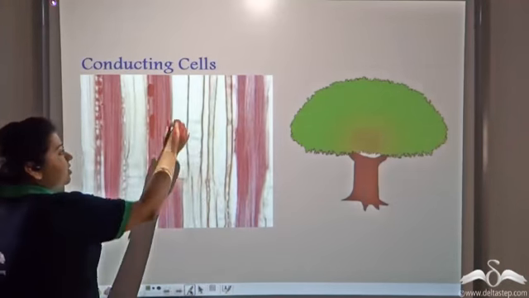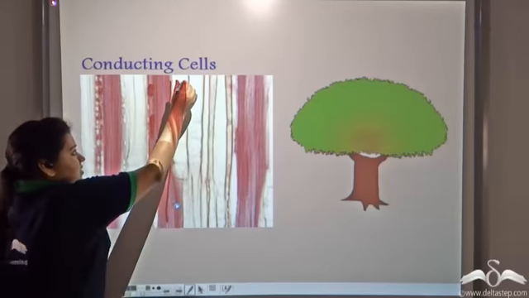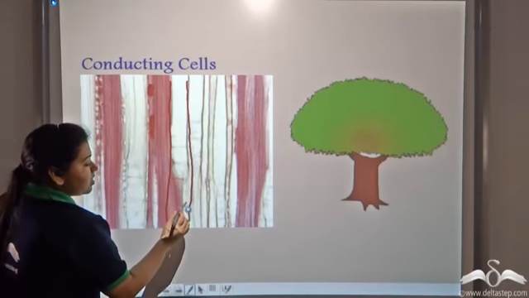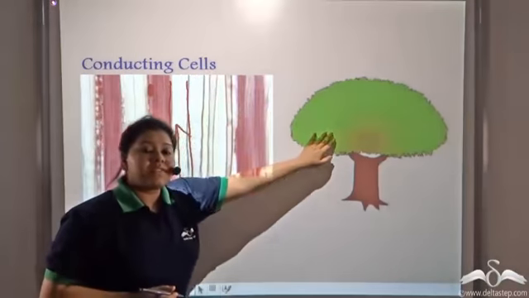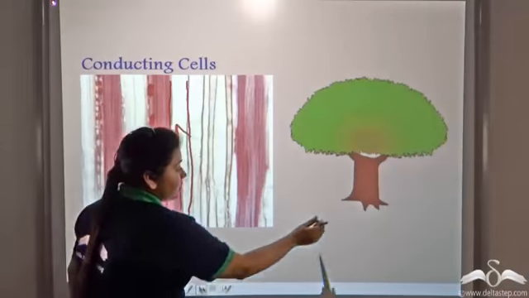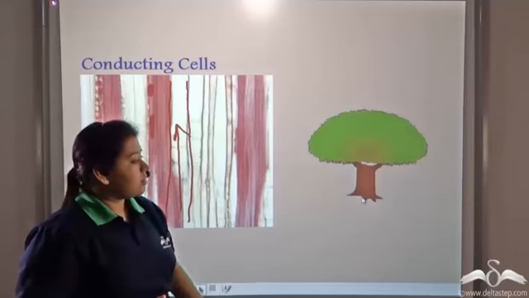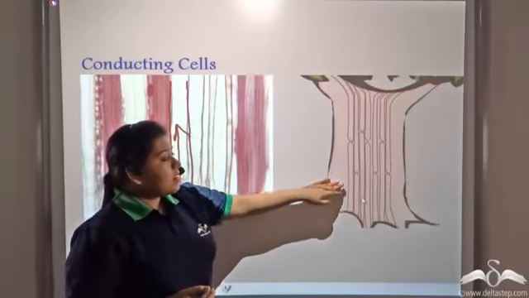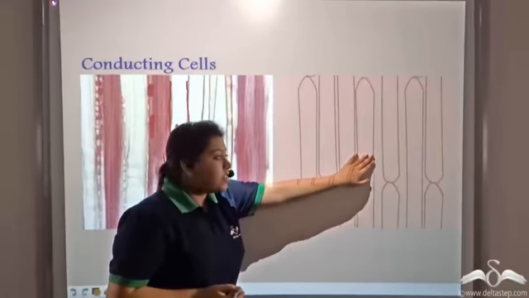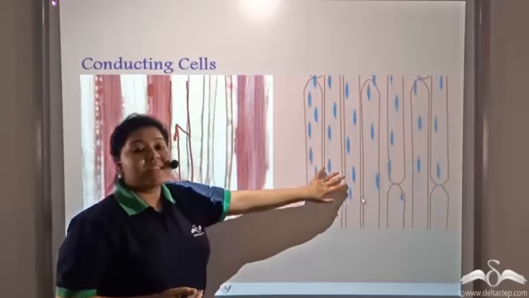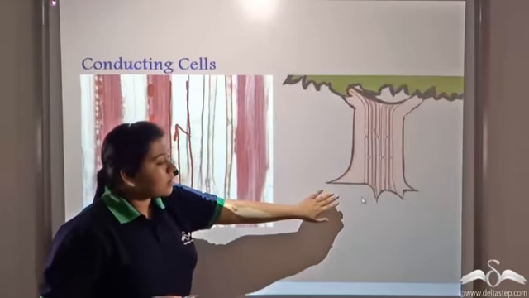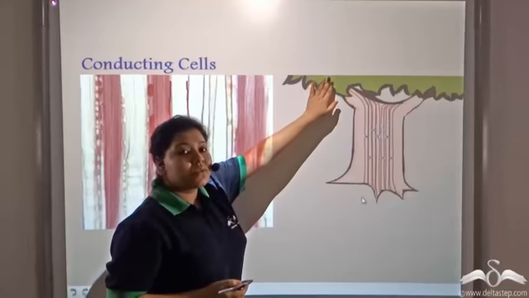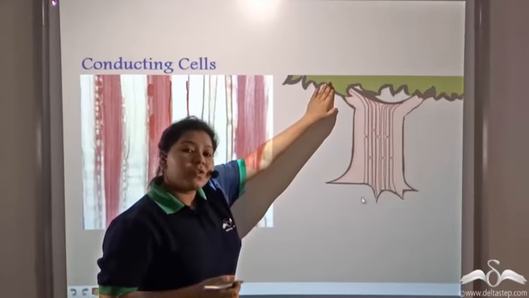See, these are the pipe-like conducting cells which transport water from the roots upwards to the leaves. This is how it happens. These are the pipe-like cells present in the trees. These pipe-like cells conduct water from the roots upwards to the leaves so that they can carry out photosynthesis.